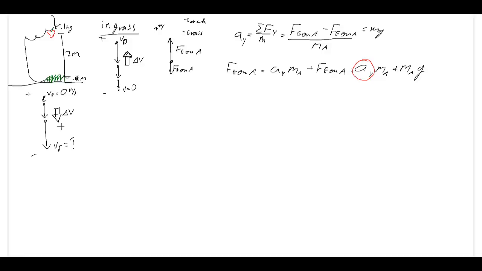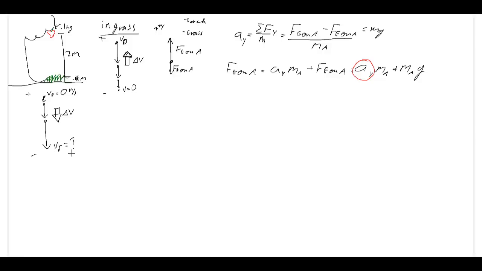So here there is some acceleration, and therefore we can find out what the velocity is, and here there's some initial velocity, which can allow us to find this acceleration, which is the acceleration we need here. Okay? So again, it falls out of the tree 2 meters. We can use that information to find the final velocity right when it hits the grass.